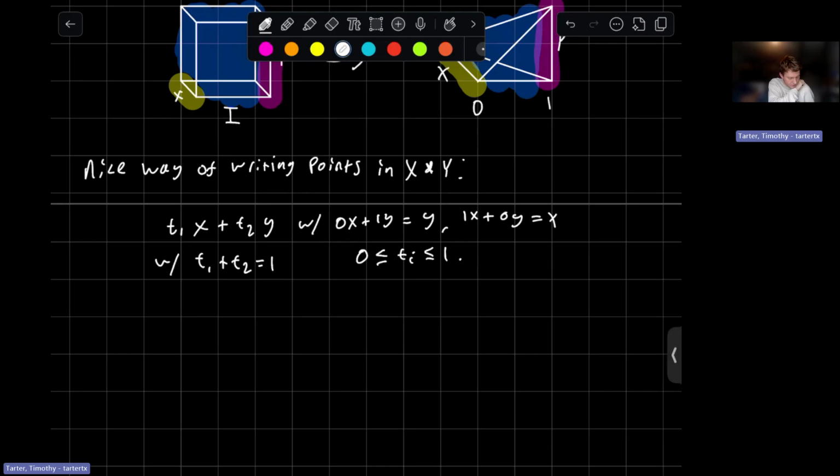So this makes it very easy to see. You can do this with n layers, right? You don't need to have just x and y. You can do this with x1 through xn. Basically this operation is associative and it works very nicely. The join of 2 points is a line segment. The join of 3 points is a triangle.